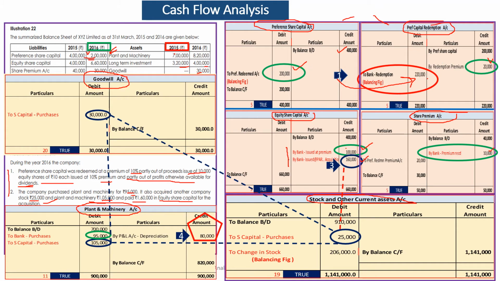Then, second point: the company purchased plant and machinery worth 95,000.